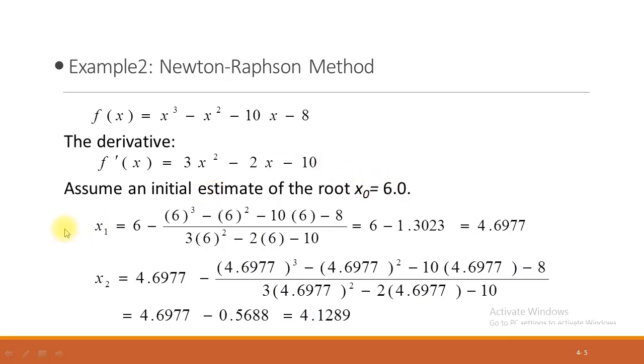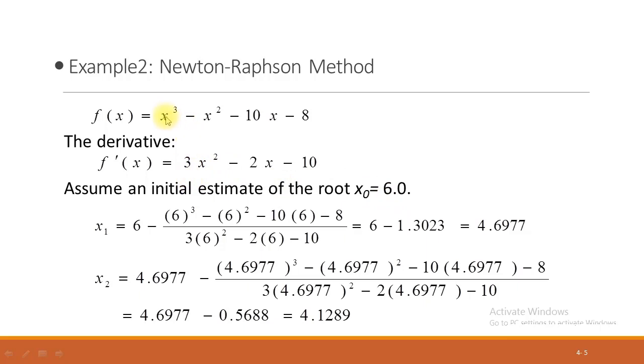So find the x1 root by using the Newton-Raphson formula, x naught minus f of x naught divided by f dash at x naught. This is the value of x naught, this is the value of the function at x naught equal to 6, and this is the derivative of the function at x naught equal to 6.